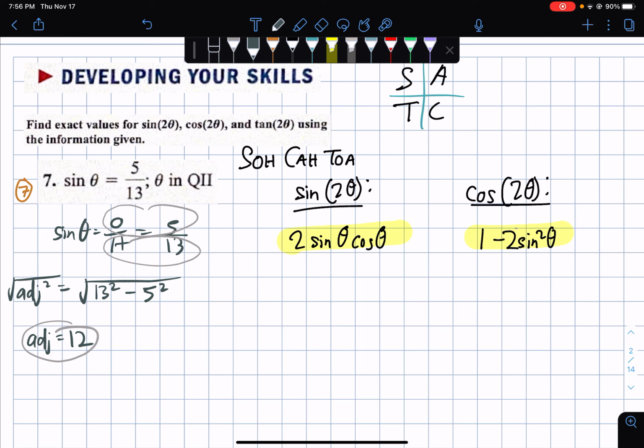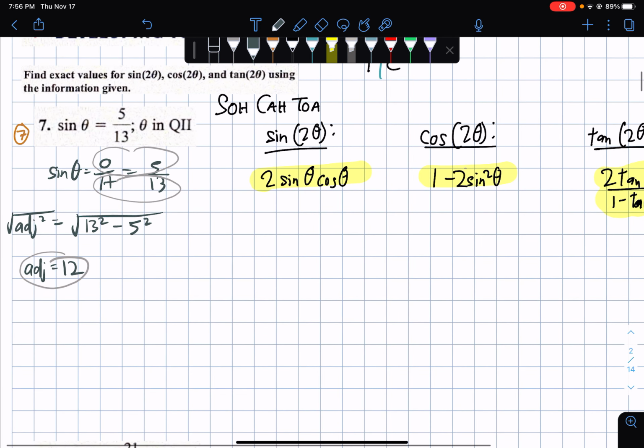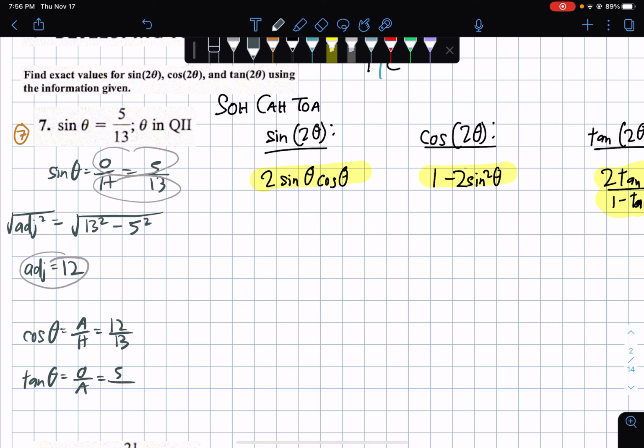Now, let's look for the cosine theta. Cosine theta is equal to A over H, which is equal to 12 over the hypotenuse, 13. Tangent theta is equal to O over A, which is equal to 5 over 12.